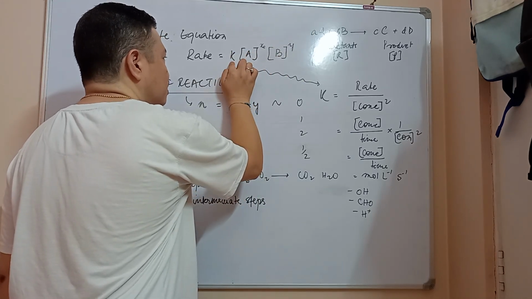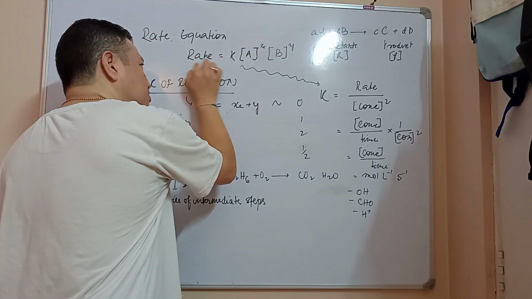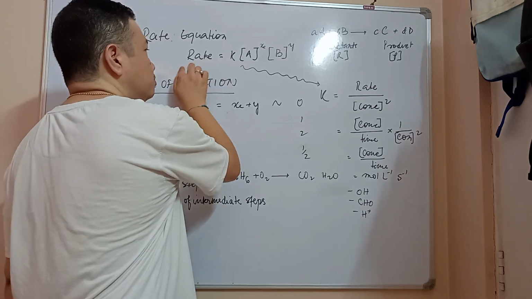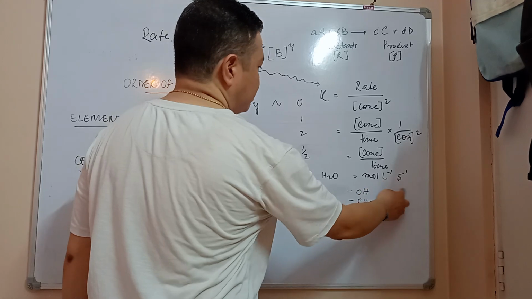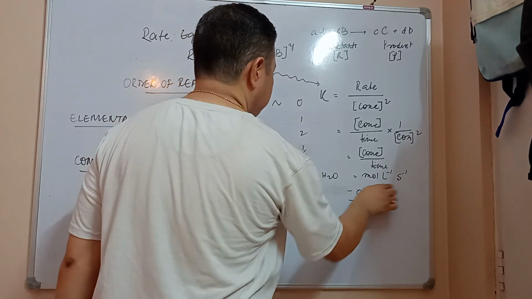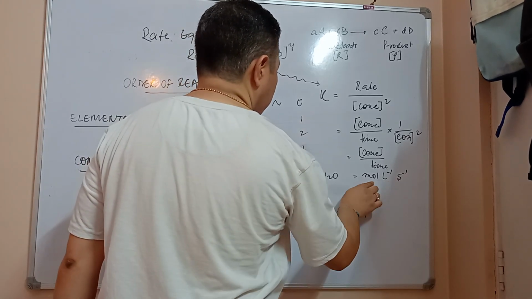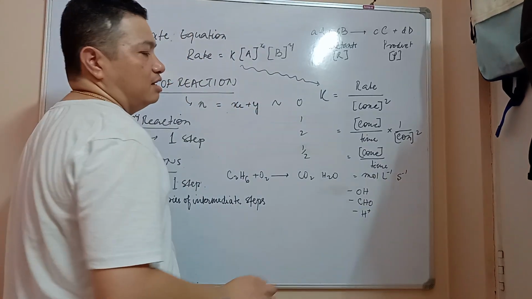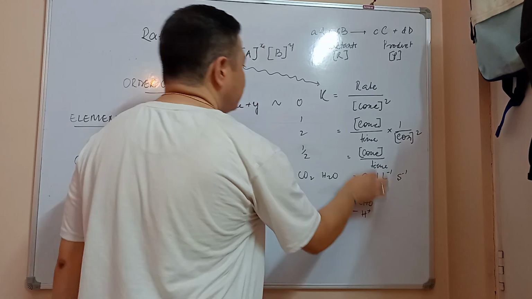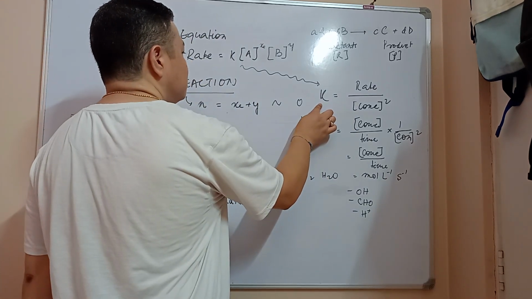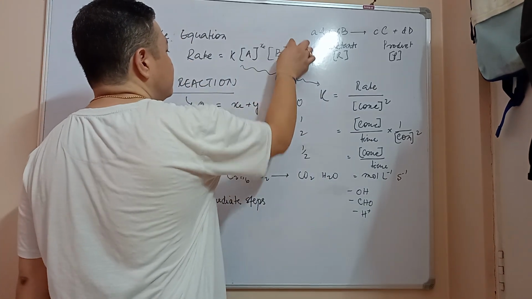Then unit of K will be unit of rate. And what is the unit of rate? It's concentration per time. Concentration was moles per liter per time. This particular unit is the unit of the rate constant when the order of the reaction is 0.